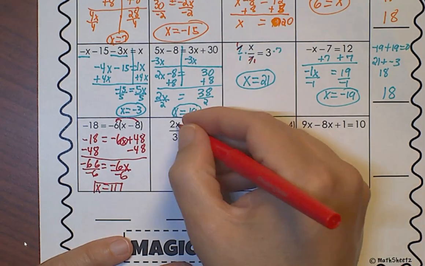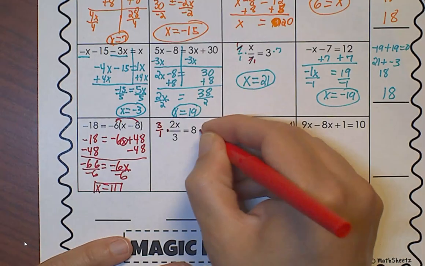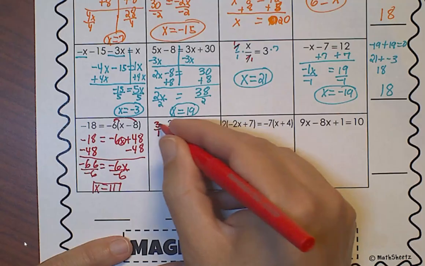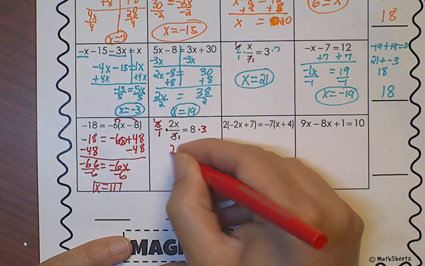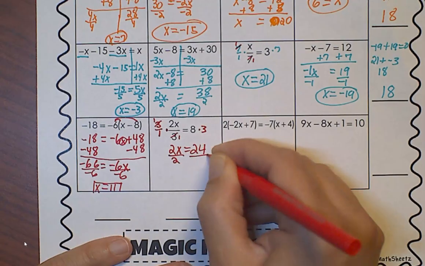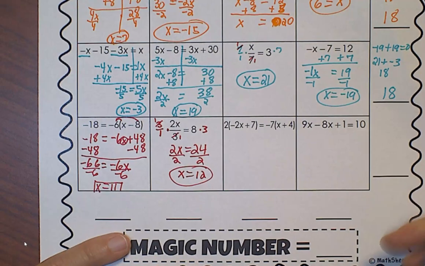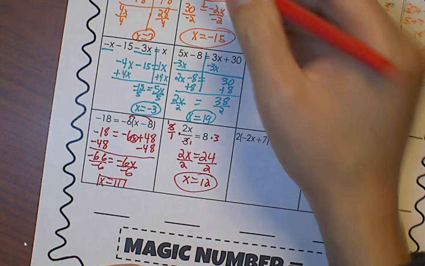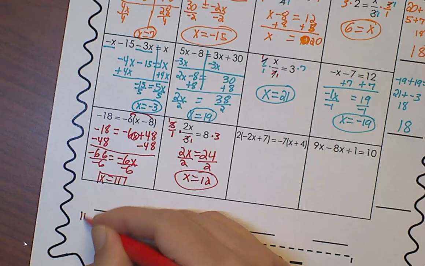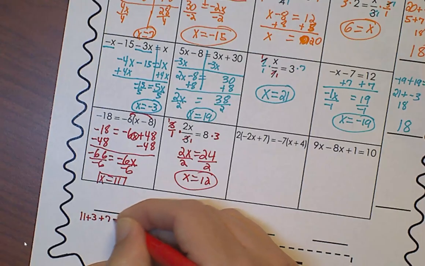Okay, here we've got 2 times x divided by 3, so we're going to get rid of that division. 3 divided by 3 is 1. What undoes multiplying by 2? Dividing by 2. Let's see if this matched up. We got 11 plus 3 plus 7 minus 3.